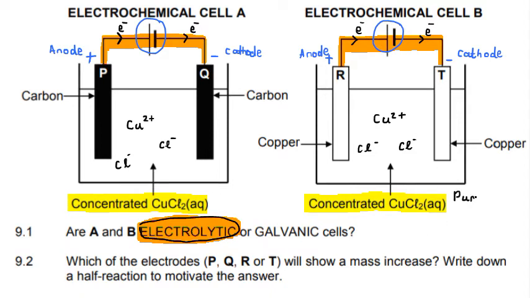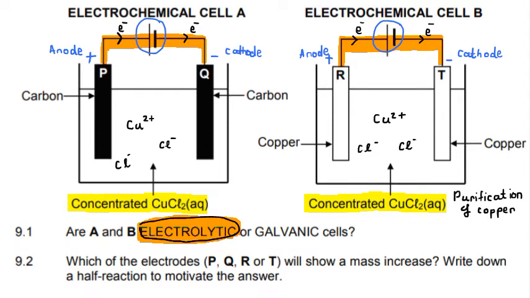So one of these electrodes is going to increase in mass, and it's going to increase in mass as the impure electrode basically gets oxidized. Right, so which one is going to be which?